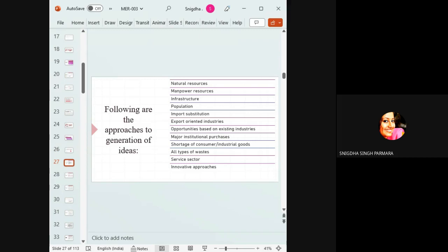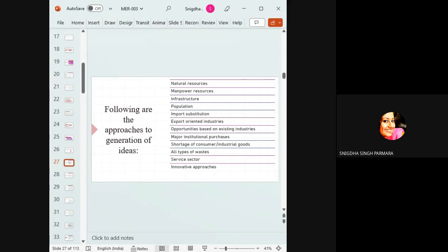For instance, there are grains, crops, horticulture, plantation, agro waste, minerals, marine resources, animal wealth. All of this could be utilized for generation of business ideas. You can think of any such natural resource that you could utilize and contribute as a product or service to the people.